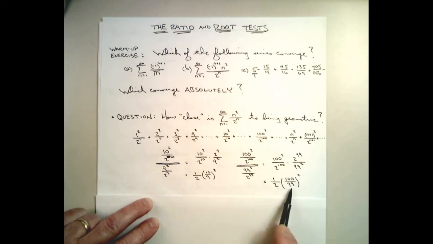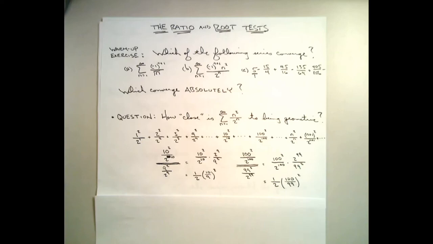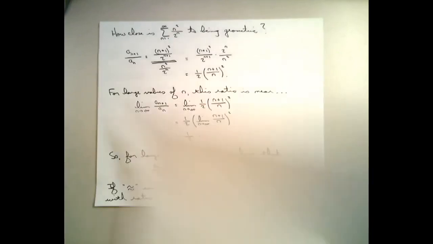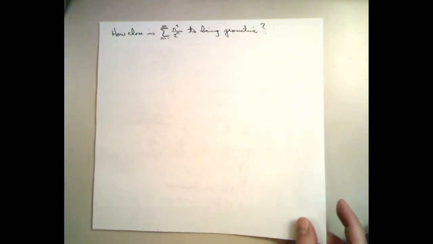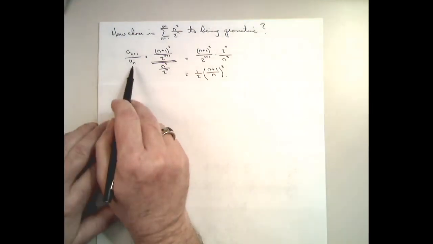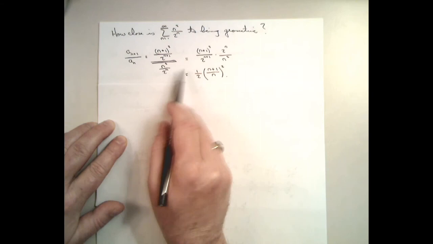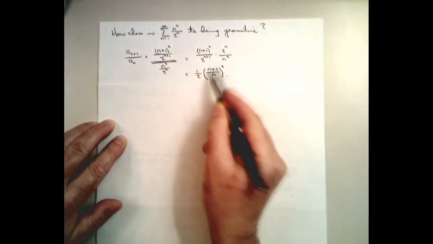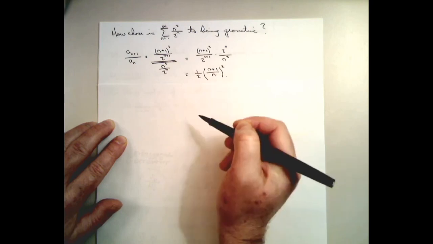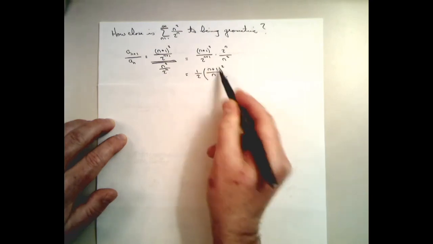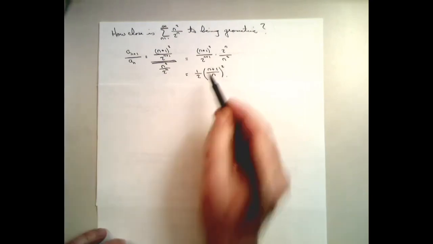Here's a half times something even closer to 1 squared. Again, we're asking how close is this to being geometric? Well, it looks like if I look at the n plus first term divided by the nth term, what I'm getting is 1/2 times something really close to 1 quantity squared. And the bigger n is, the closer this parenthesized expression is to the number 1.